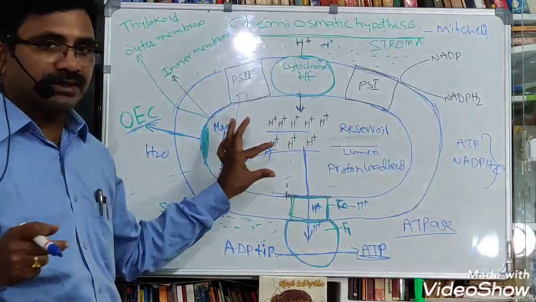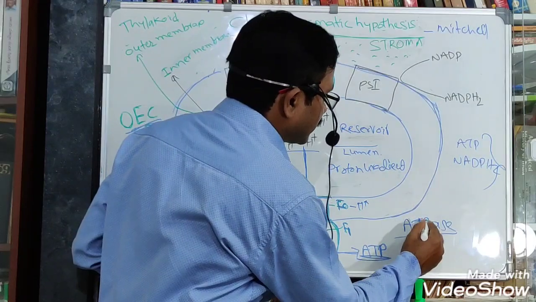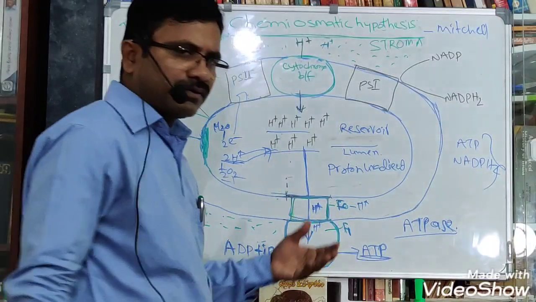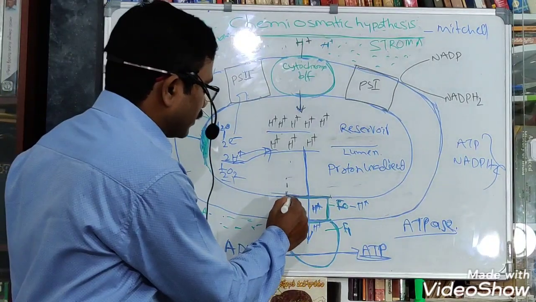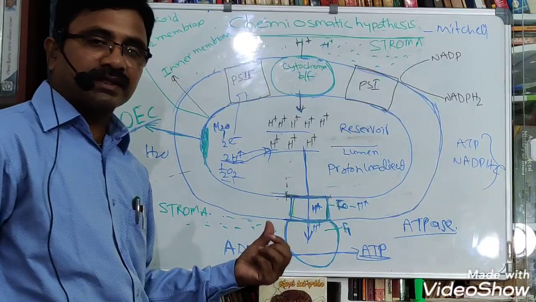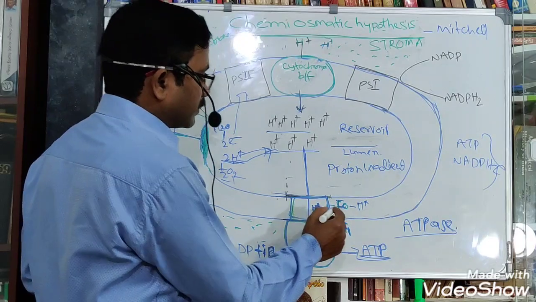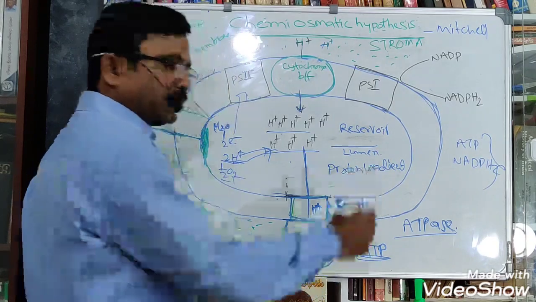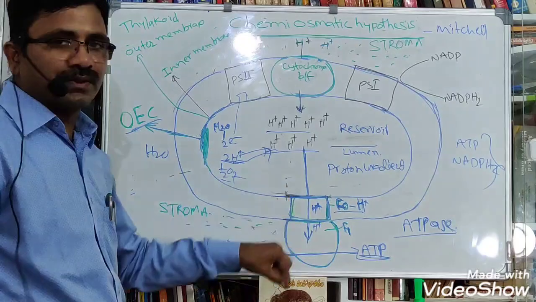So in this condition, the important enzyme, namely ATP synthetase, or you can say ATPase enzyme, embedded in the thylakoid membranes, plays a key role. The ATPase enzyme shows two parts. The basal part is called FO. It acts as a proton channel. It receives protons from the lumen and pumps them into the stroma.